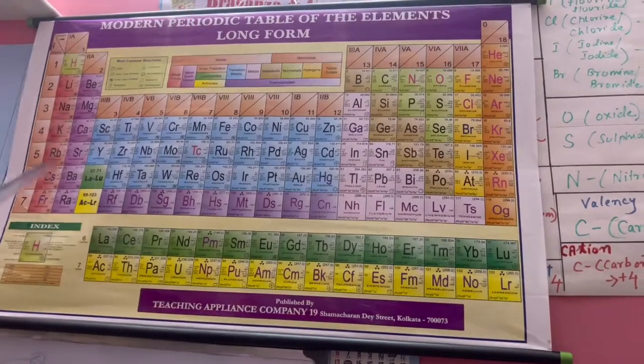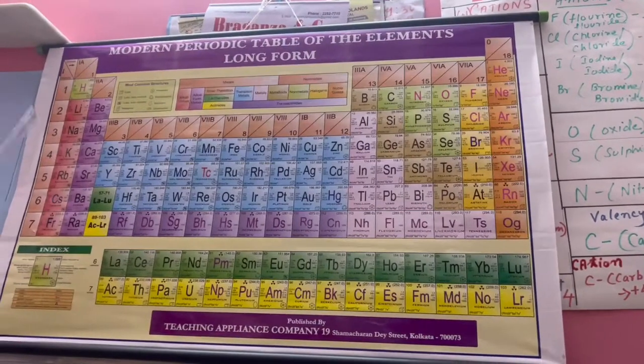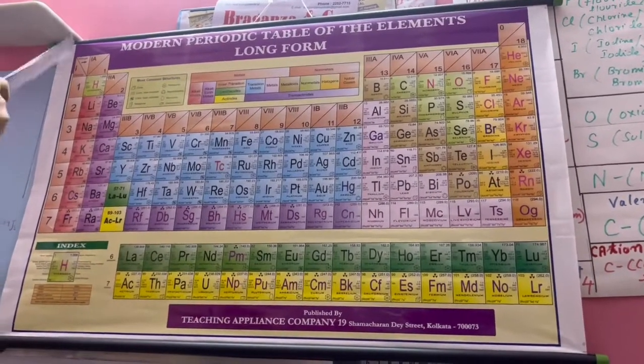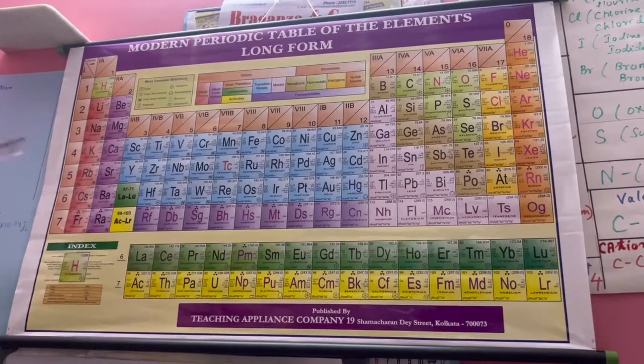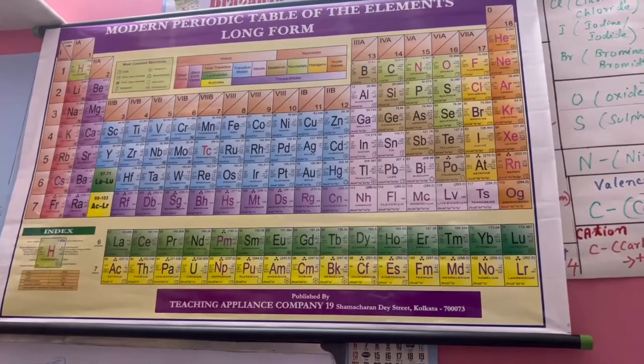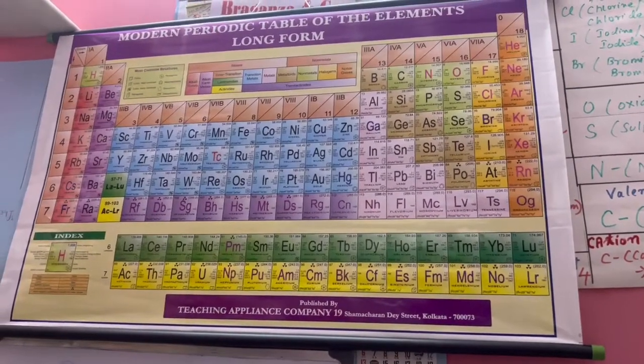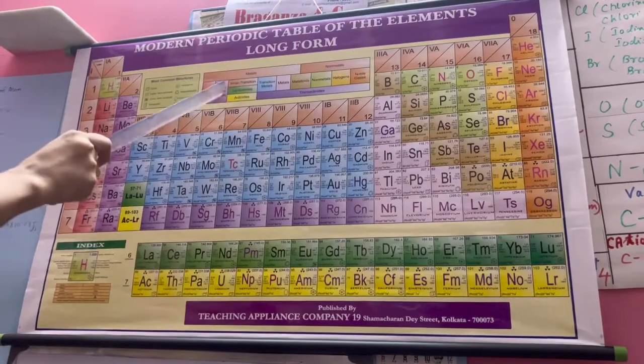So in group 1, they want to lose electrons. How many electrons? 1 electron. The elements of group 1 want to lose 1 electron to complete their octet rule, valency 1. In group 2, in order to complete their octet rule, they want to lose 2 electrons.